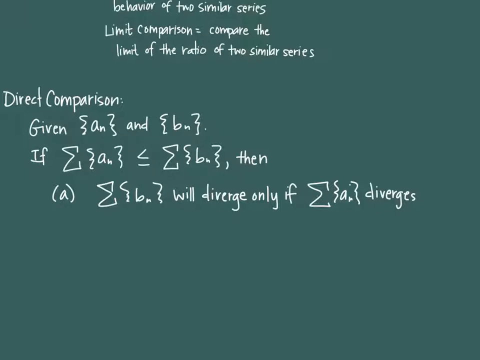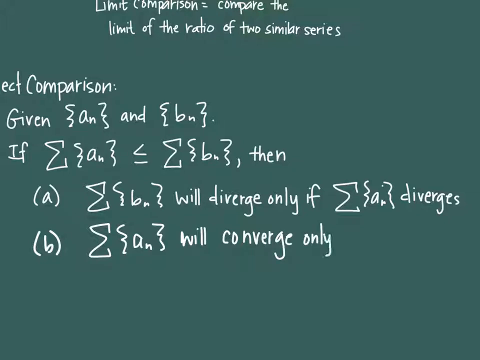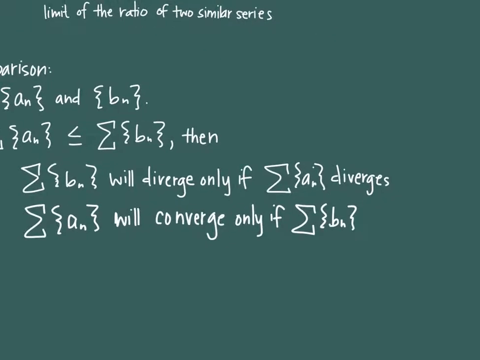And then we can also come up with another option for A. A sub n will converge, say this is the smaller one, only if B sub n converges.